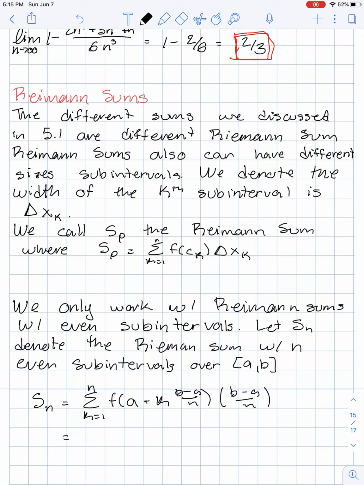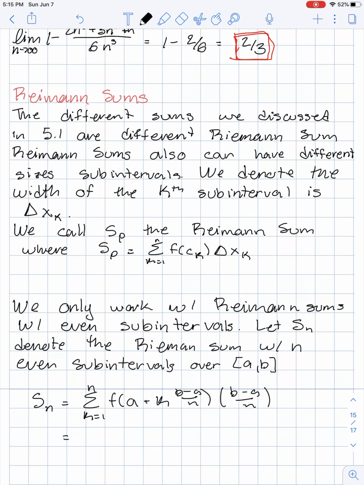So we only really work with Riemann sums with even subintervals, so we can make a more specific formula for our use. So let's let S of n denote the Riemann sum with even subintervals. And when I say even, I don't mean like 2, 4, 6, 8. I mean equal size. Because those are the only ones we're going to work with.